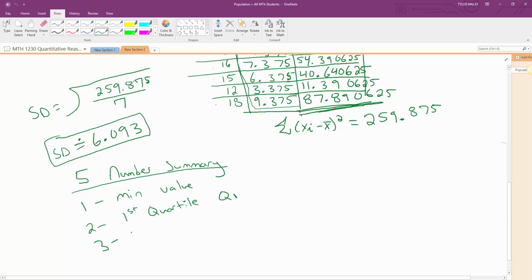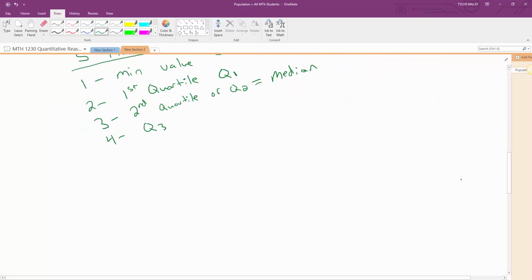So the second quartile, or Q2, is the median. The fourth in the 5 number summary is Q3, the third quartile, and lastly is the max.